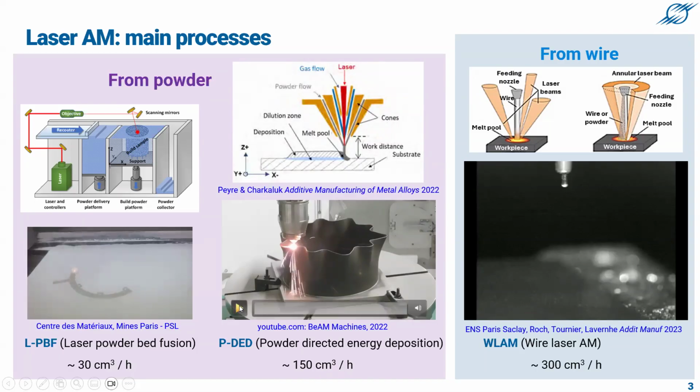Beside this, you have another process which belongs to the directed energy deposition family, DED processes, in which powder is supplied coaxially with the laser beam, and the powder can be melted in flight or in the melt pool created by the laser, and then a track is formed.